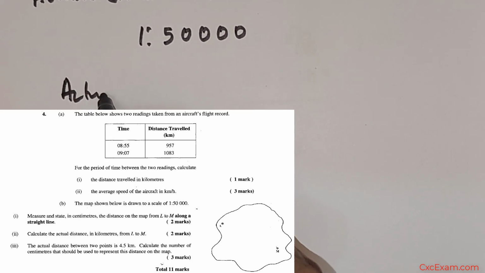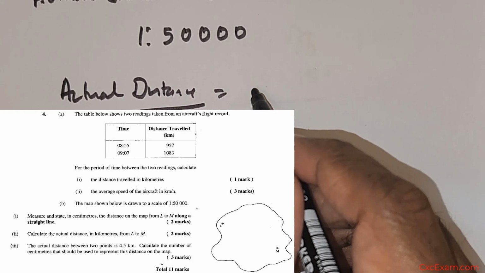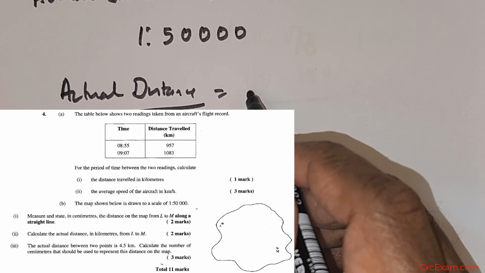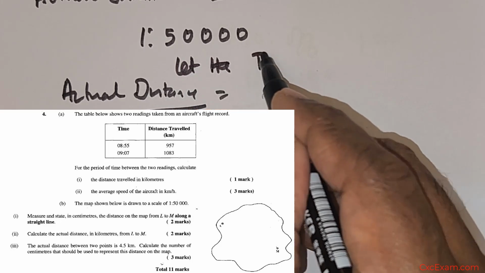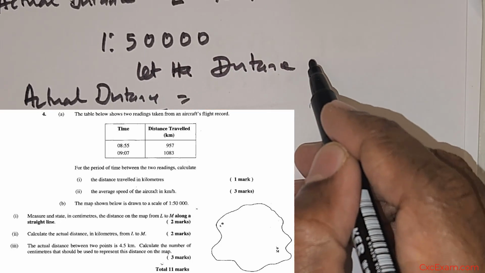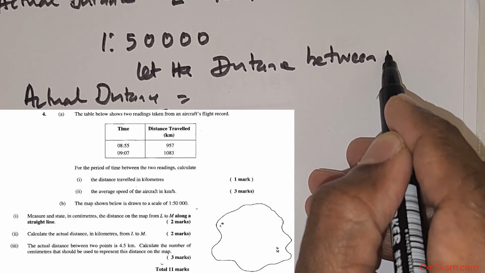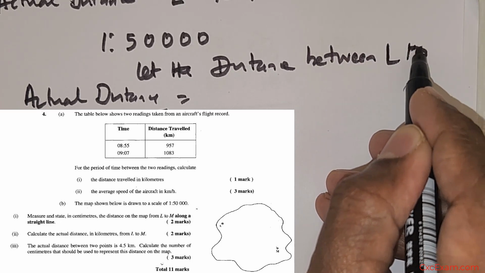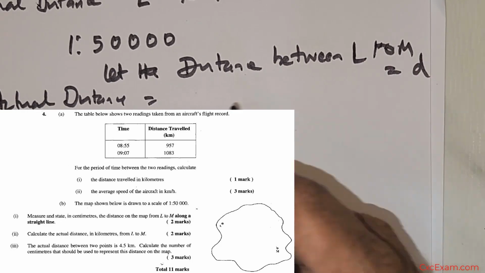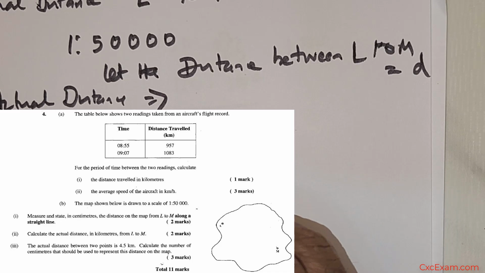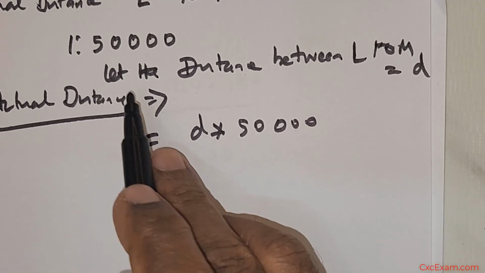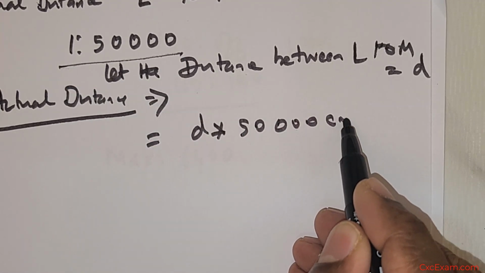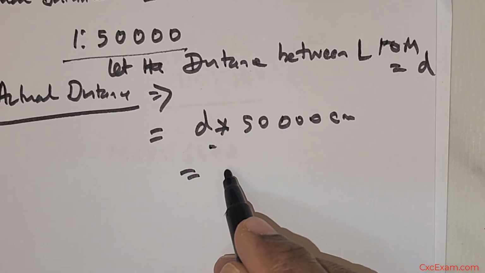So the actual distance would be, let the distance between L and M be represented as D. Then this would mean D times 50,000, because this is the scale, but this is in cm and we have to convert this into km.